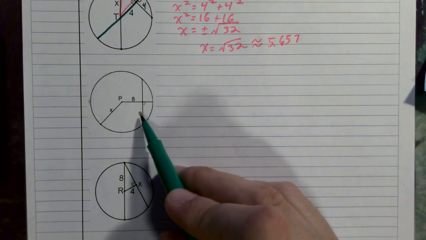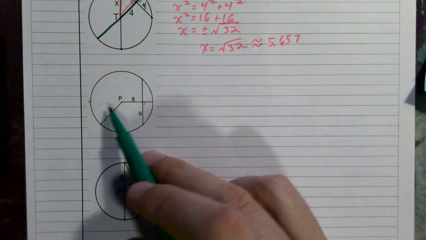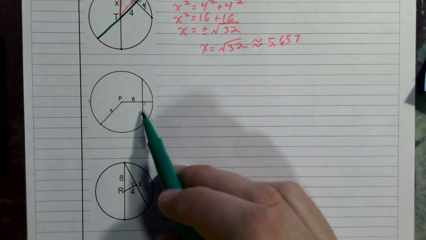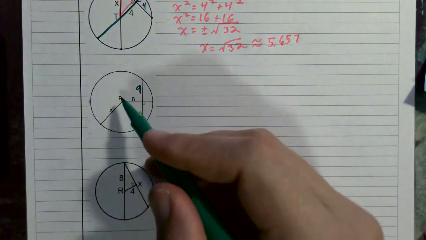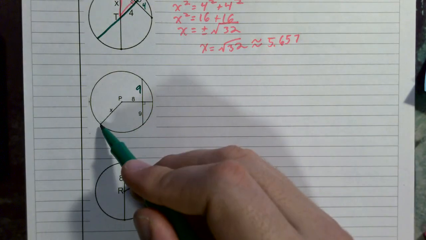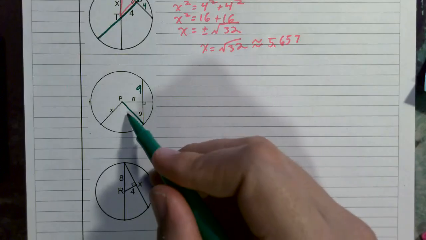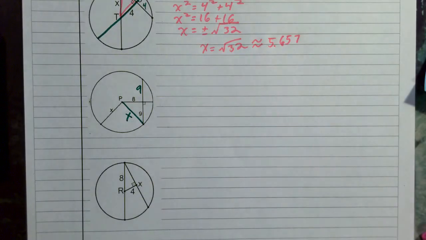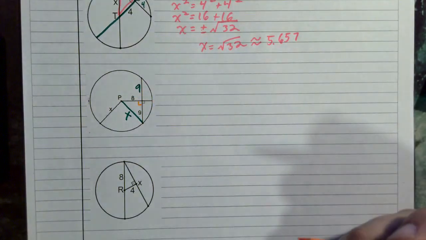In this next example, I've got that line that's kind of our radius, and we could make it a whole diameter, but we could say that it's definitely cutting these two pieces in half, but I want to figure out what this radius part is. So I could also draw another radius right there going from the center to the edge of our circle, which again is going to make a nice right triangle that we could solve for.